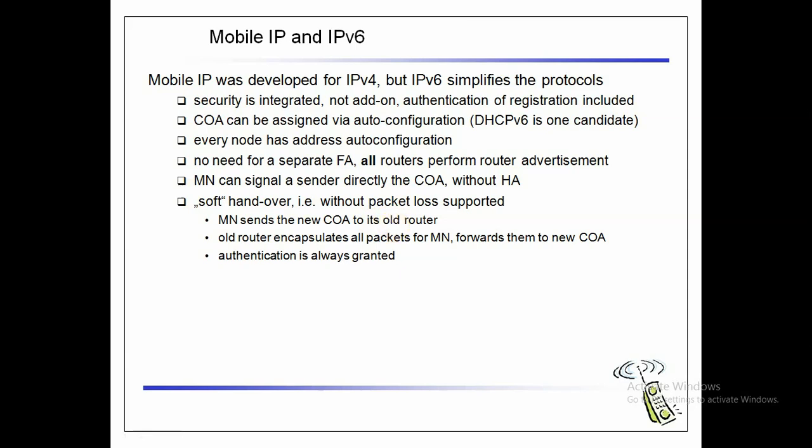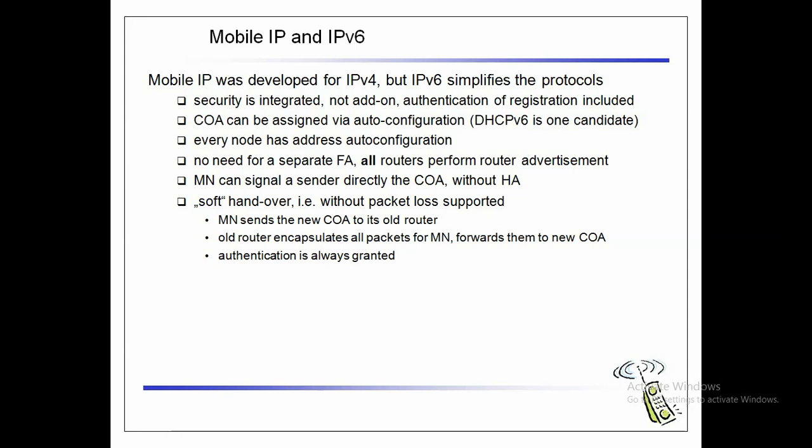The mobile node sends its new care of address to the old router, which serves the mobile node at the old care of address. All together, Mobile IP with IPv6 networks requires very few additional mechanisms: correspondent node, mobile node, and home agent, and the foreign agent is not needed anymore. The correspondent node only has to be able to process binding updates, that is, to create or update an entry in its routing cache.